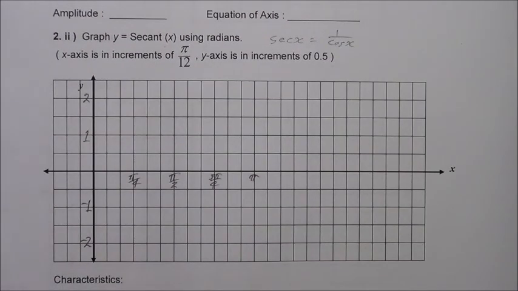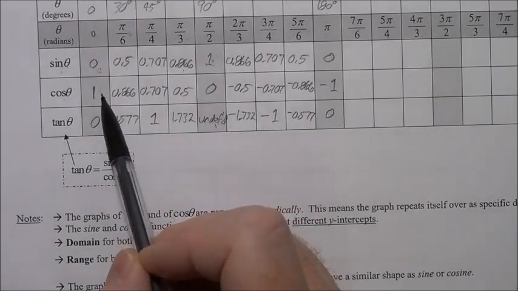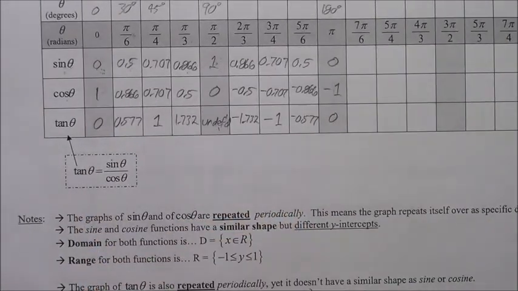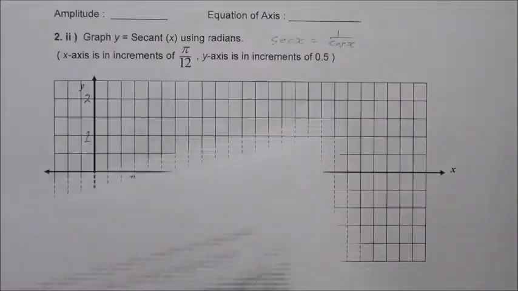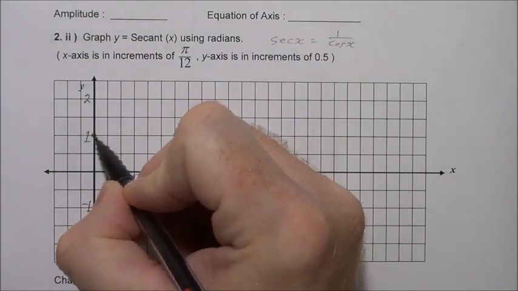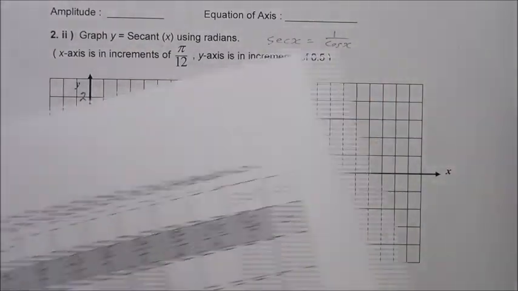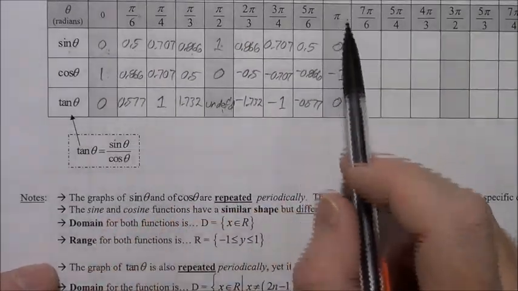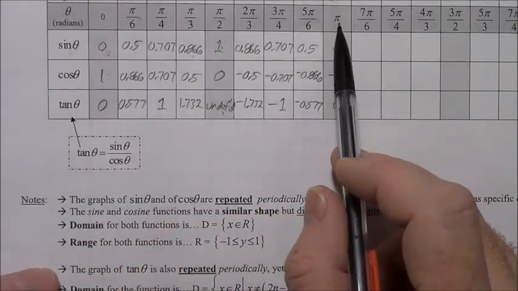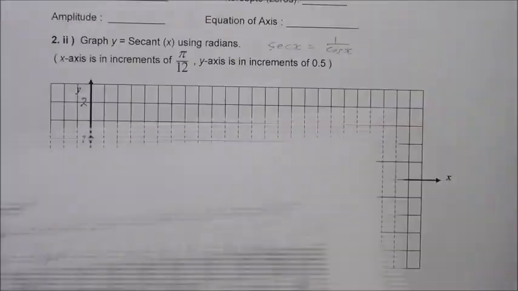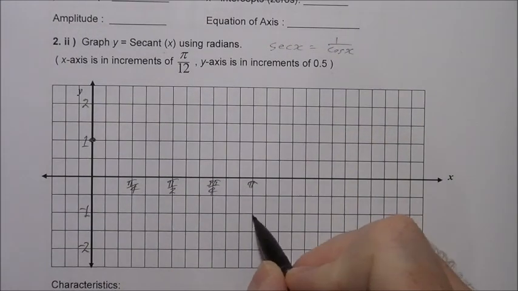And so then we're just doing 1 over cosine. Well, 1 over cosine is just going to be 1 when the angle is 0. So we're just going to plot a point here at 1. And then when the angle is pi, cosine is -1. So we're going to plot a point here at -1.